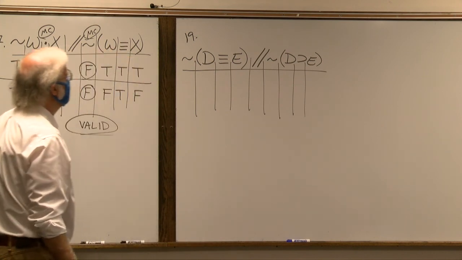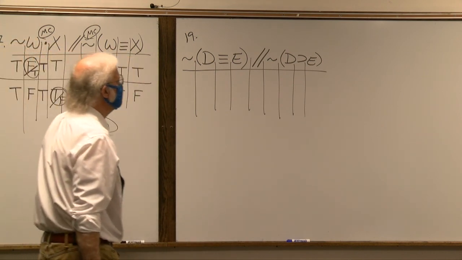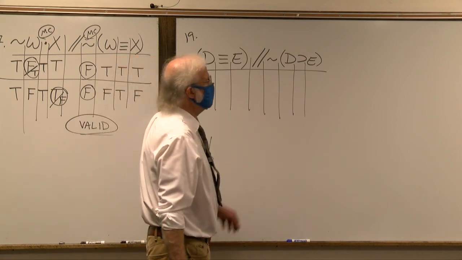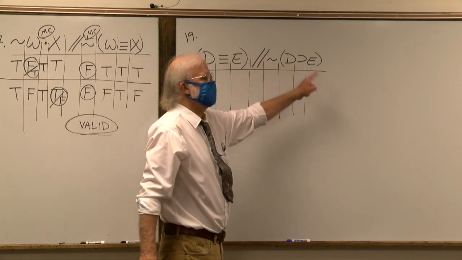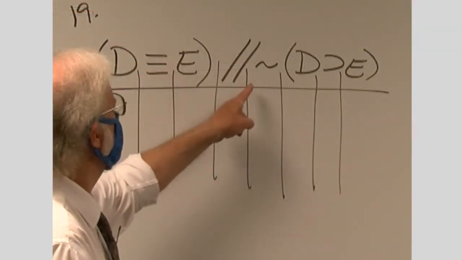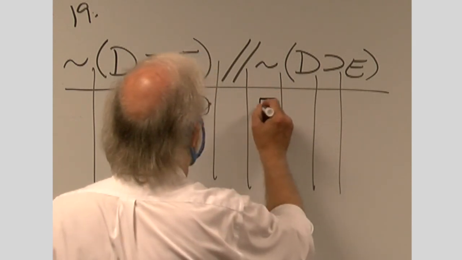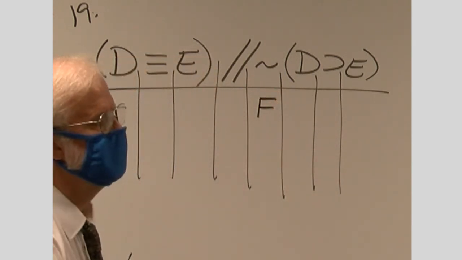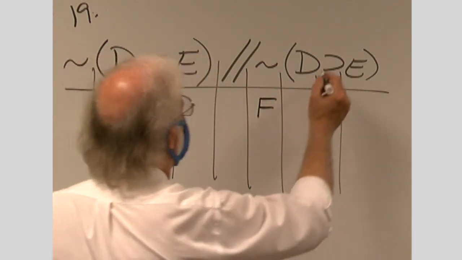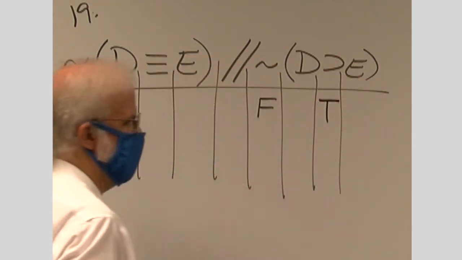You know how to do the columns. And then the number of rows will be determined by the nature of the conclusion. Here, it's a negated compound proposition, so the tilde alone won't tell us. But we know that we want the tilde to be false, and so that means the horseshoe must be true.